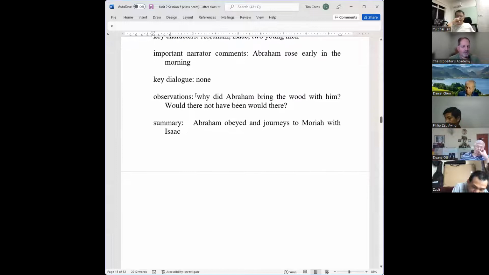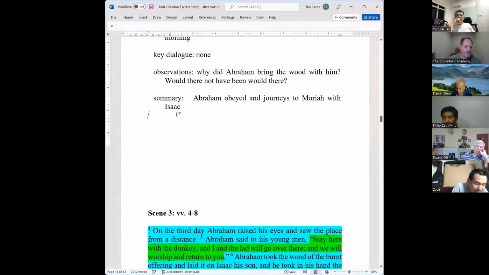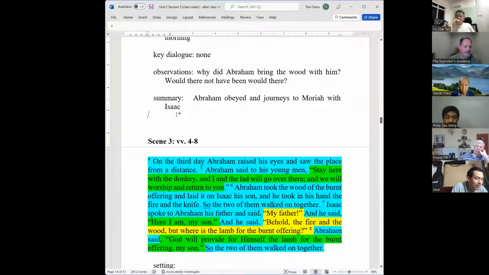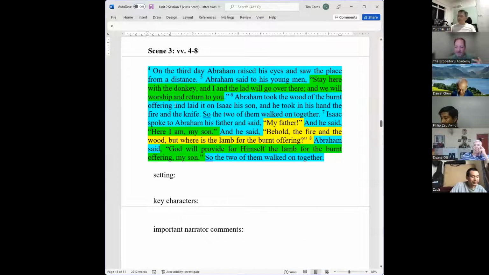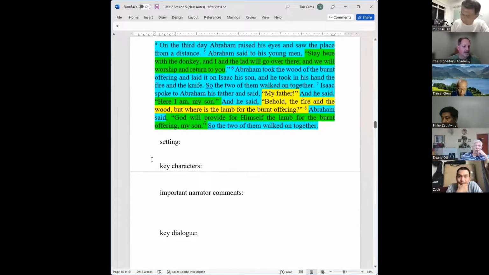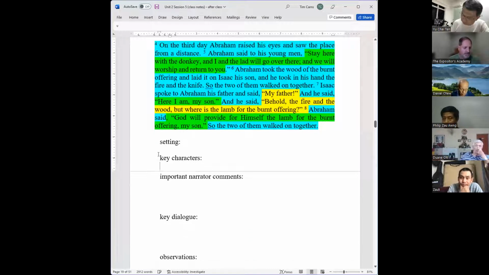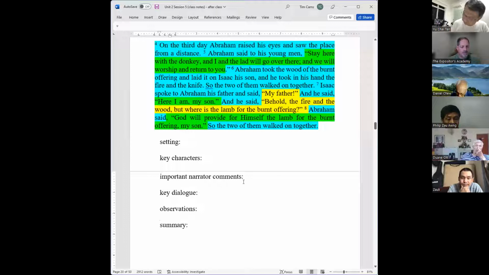Now, what I'd like you to do, for the third scene here, is take a few minutes on your own and go through the scene and identify the details I mentioned here. So identify the setting, the key characters, the important narrator comments, any other additional observations, and then the summary.